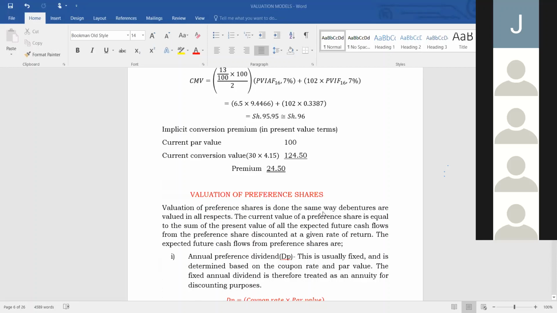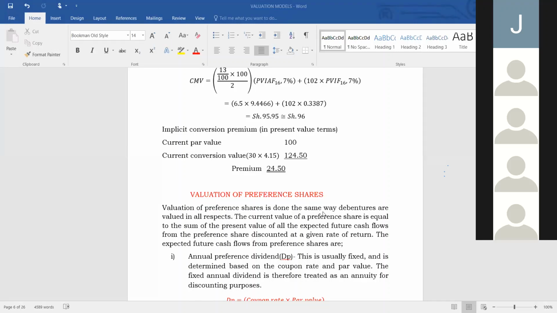For preference shares, valuation is the same as that of debentures. I want to move through it very fast and then move on to equity shares. Preference shares, just like debentures, can be convertible instruments also. The features of preference shares and the features of debentures are relatively the same.